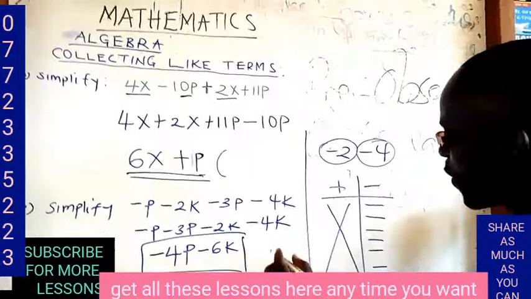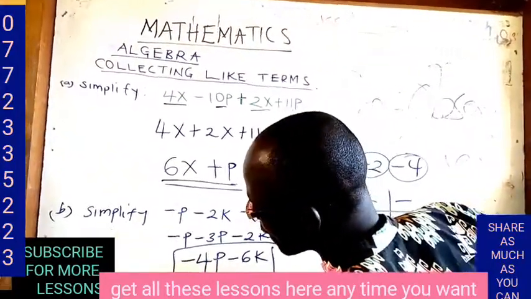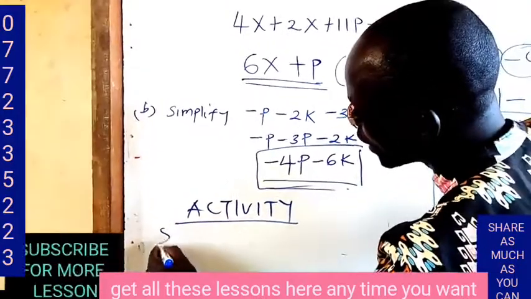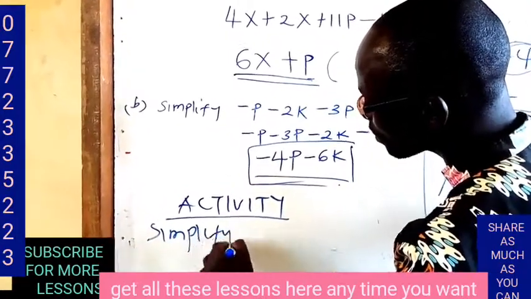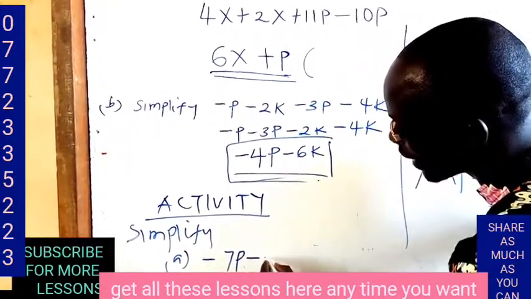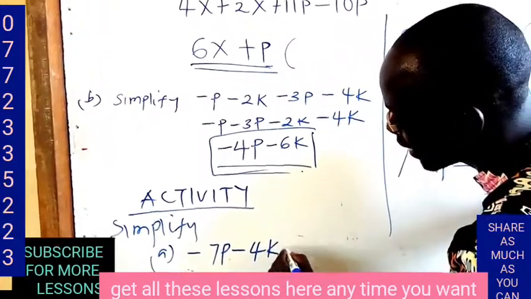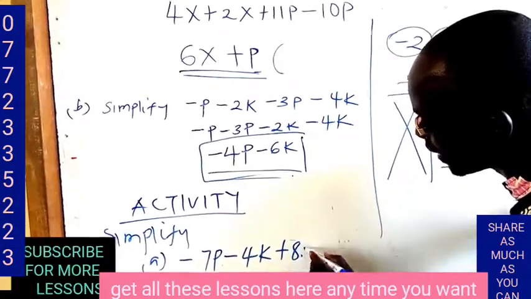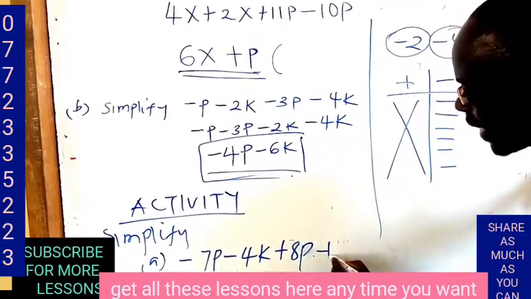For those who are going to do our exercise, the activity is right there. So we are saying simplify: a, negative 7p minus 4k plus 8p minus k.